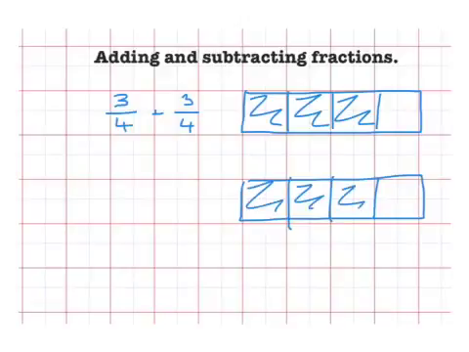So hopefully you can see we've got 3/4 here, another 3/4 here, altogether we have got 6/4. This is an improper fraction because the numerator on the top is larger than the denominator on the bottom, but in this case we don't need to do any converting because we're just adding the fractions together.